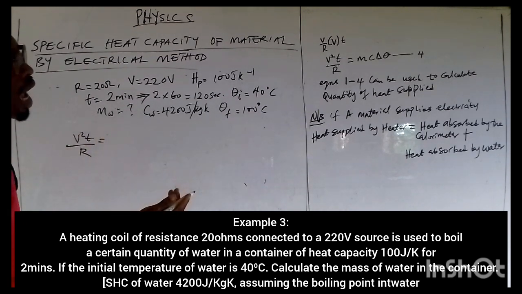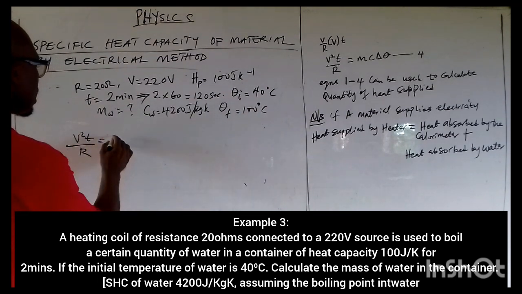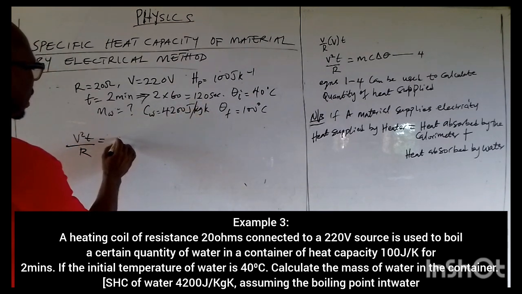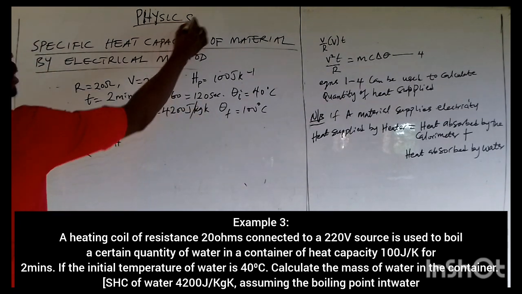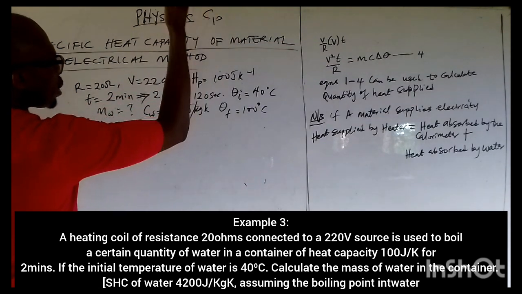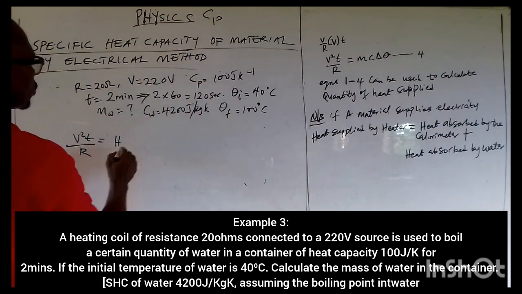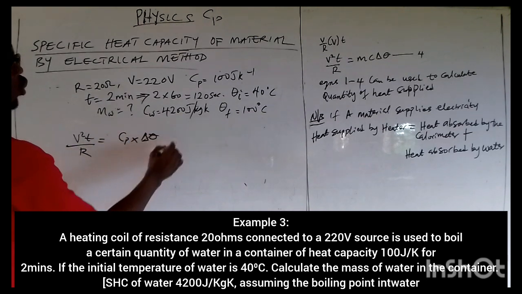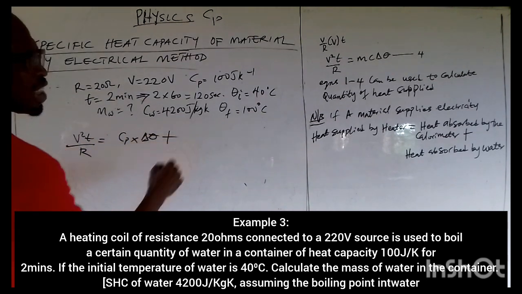This equals heat absorbed by the calorimeter, which is heat capacity CP. We can still use CP here. So we have CP times temperature change plus that of water.